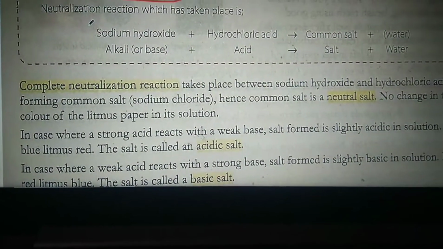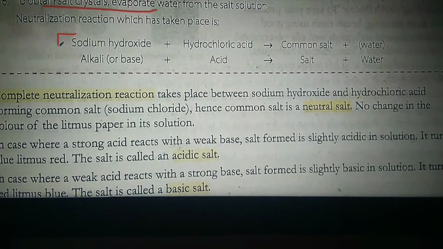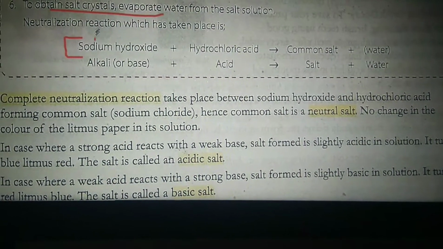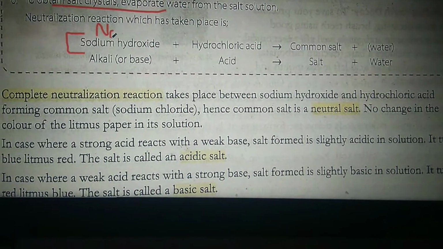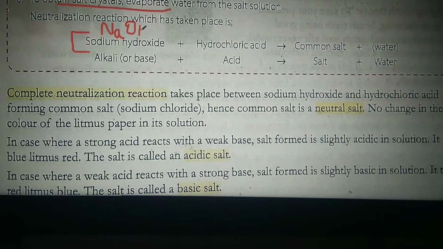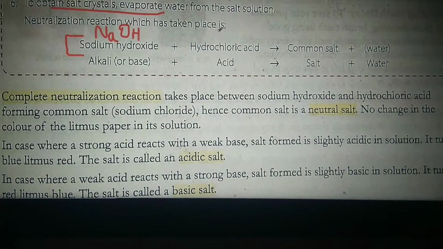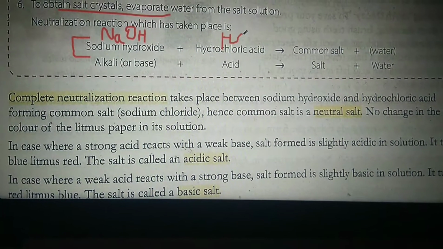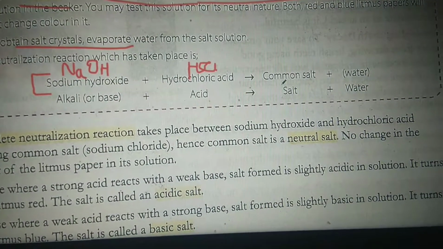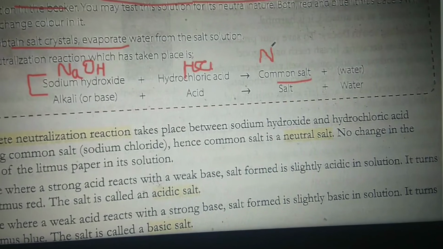So let's see what reaction has taken place between them. Sodium hydroxide, which is an alkali, or we can say a base, NaOH, when it reacts with hydrochloric acid, that is HCl, forms common salt, which is known as NaCl.